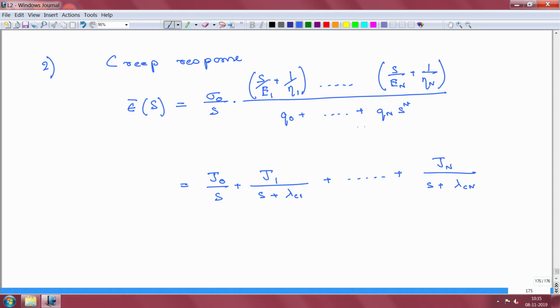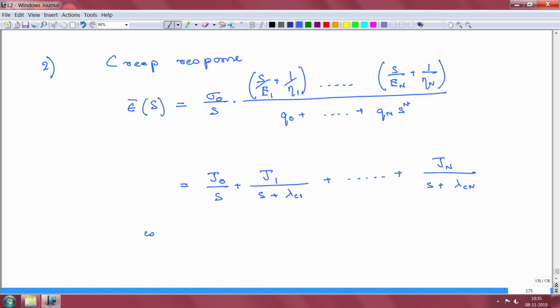I said that this denominator is not easily factorable, but this is still a polynomial, so you will have your different roots. If you determine all that, then you have to determine J naughts and all these different constants, and because the previous equation is given to you, these are all again determinable.